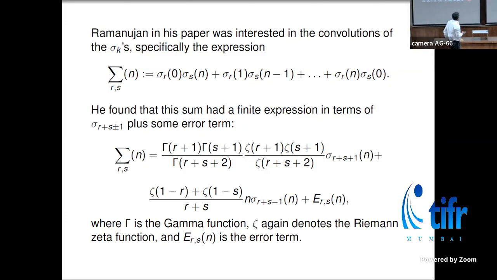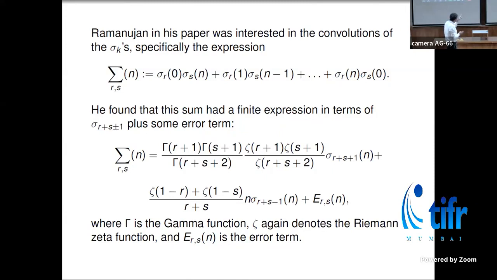And he found, and he wrote it in the following way, some of the dominant terms when you try to evaluate this thing are these first two terms. They again have to do with the sums of divisors function, except you look at sigma_{r+s+1}(n) while you're convolving sigma_r and sigma_s. There's also this, so these two terms, the two leading terms coming from the sigmas, are indexed by different integers, r plus s plus 1 and r plus s minus 1.